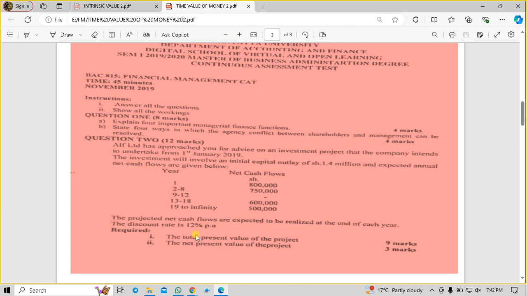So you're required to calculate the total present value of the project and the net present value of the project. So we want to know what is the present value of the project if these are the cash flows, and now what is the net present value of the project?